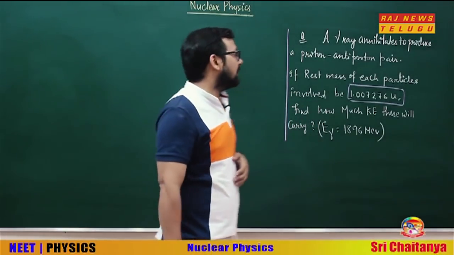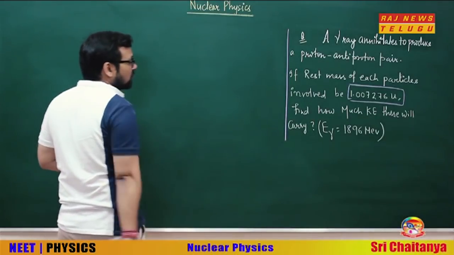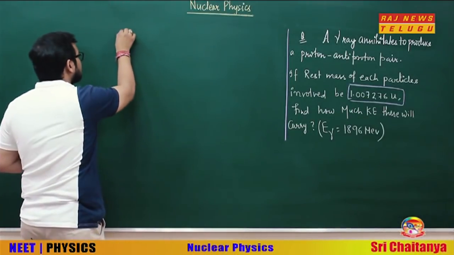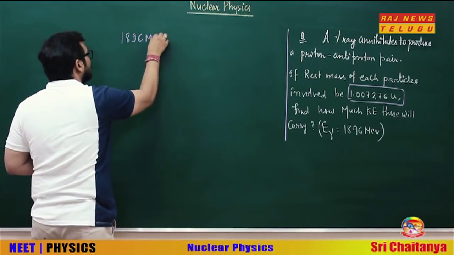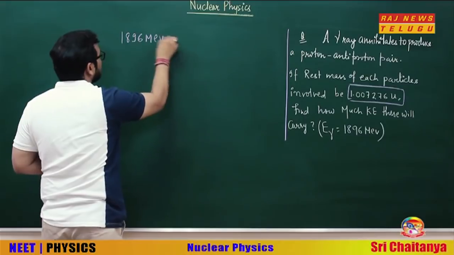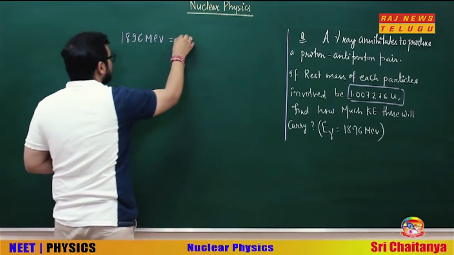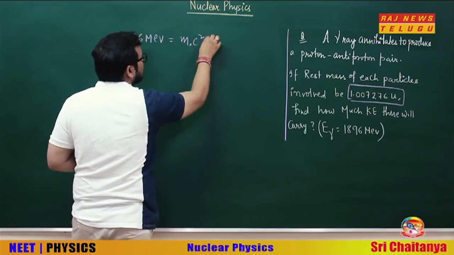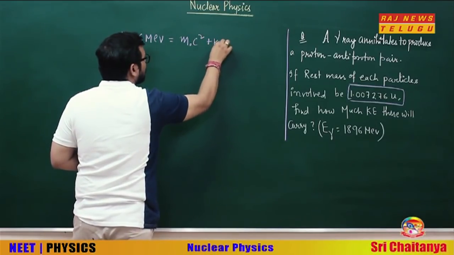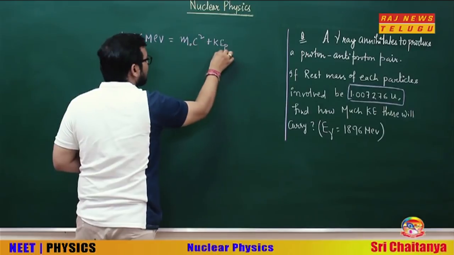Okay? See, what is the energy of gamma given? 1896 mega electron volt is given. Fine. Now this is equal to, again in the same way, m naught c square for proton, plus kinetic energy of proton. Mass energy, kinetic energy.